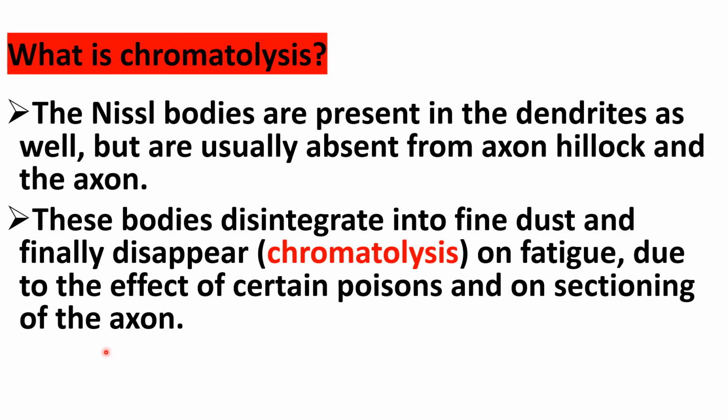So in short, due to fatigue or any injury to the nerve fibers, the Nissl bodies disintegrate into fine dust particles and finally disappear. This process is known as chromatolysis.